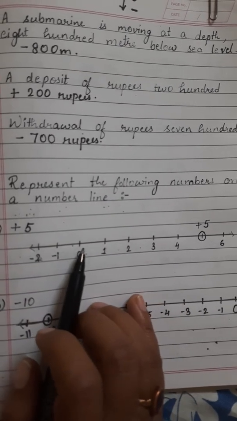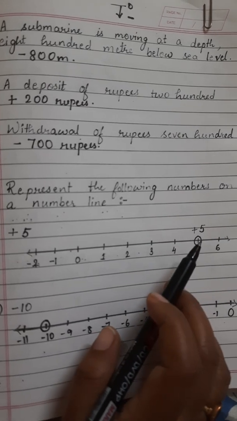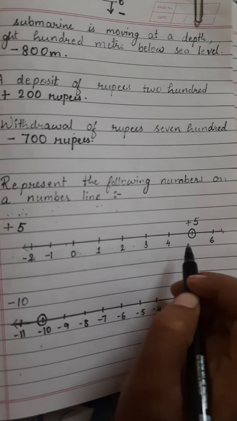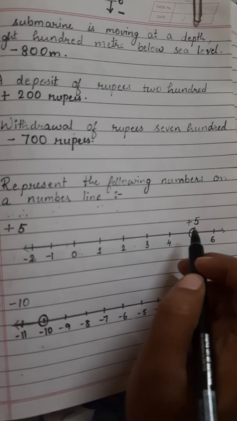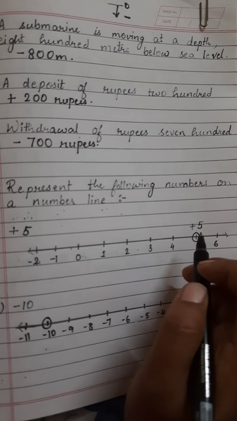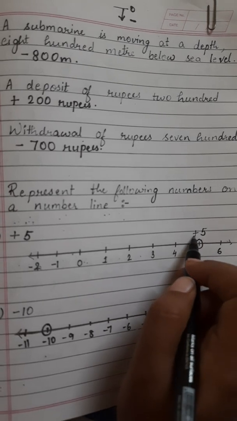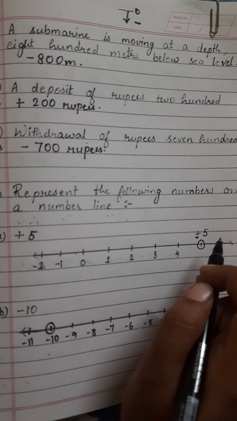From 0, mark it as 1, 2, 3, 4, 5. Wherever the number comes, circle that point. Circle that point properly and write the number clearly with positive or negative sign, whatever is given in the question, that you have to mention there. Here it is positive, so you will show the positive sign.